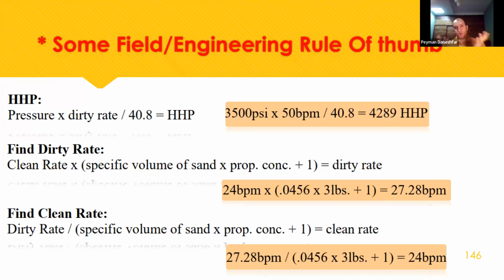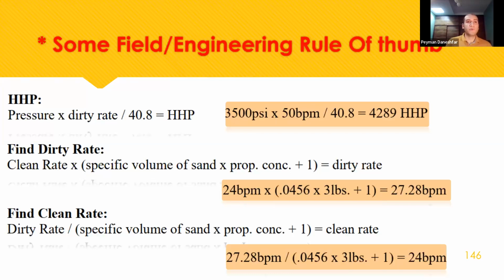Some field engineer rule of thumb: how much horsepower we need for fracturing, which we can find using the pressure and the dirty rate. Dirty rate means the slurry rate for the proppant stages, because we need a higher rate because of the proppant settling, since the proppant should go inside the fracture and keep the fracture open.